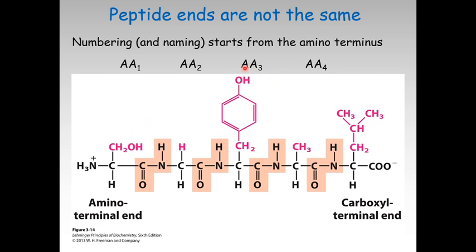This has a pKa of close to 10, right? Now, if you were to name this, you have to start with the amino terminal. So, the three-letter abbreviation is Ser, Gly, Tyr, Ala, Leu. The one-letter abbreviation would be S, G, Y, A, L.